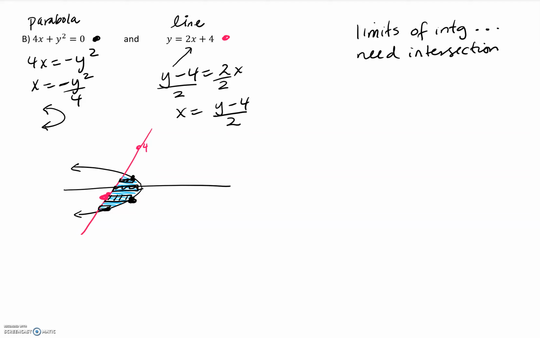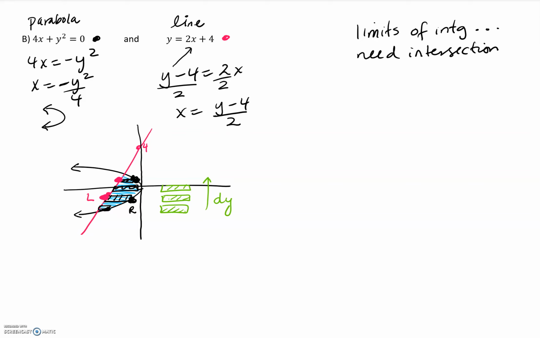Let me put right in black and left in red. No matter where I go, even if I go up here, left is in red, right side is in black. So definitely it looks like I'm stacking up my rectangles vertically, and a dy problem would be good.